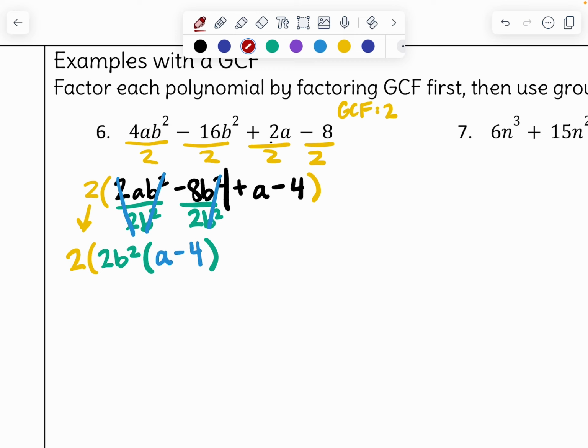This will still work now. Negative 4 divided by negative 4. That's 1. So I'm just going to factor out a 1 here. So plus 1. If that is positive, remember to put a plus sign. And then anything divided by 1 is itself, so I'm just going to write a minus 4.